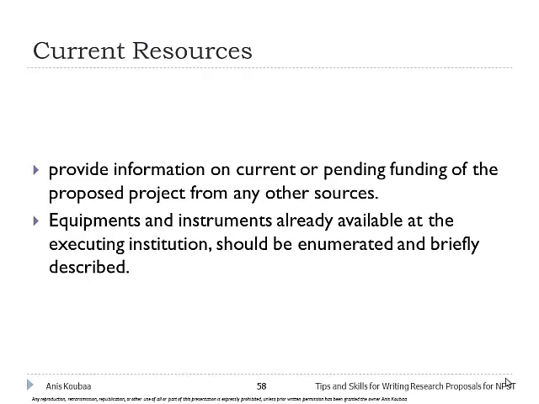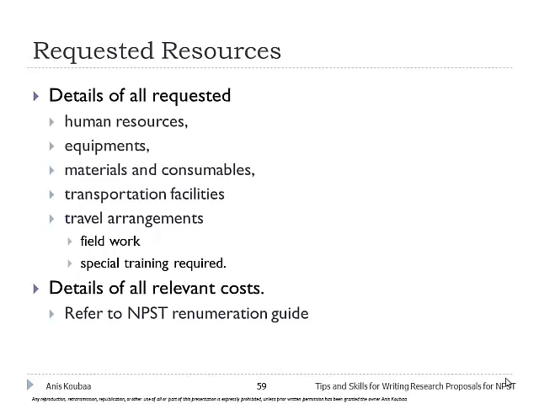This is for the current resources, the equipment and instrumentation that are already available in the institution, so you don't buy the same thing 2 times. If you have computers, robots, sensors already there, you have to say, this is our current infrastructure, and then we request this infrastructure. It must be justified. Okay?